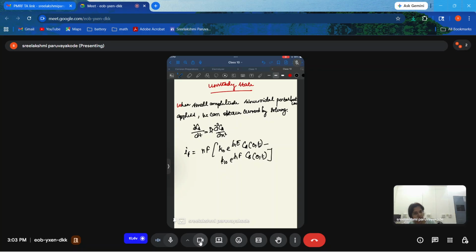Now we'll also have to use the expression for the rate constant, which is given by Ki equal to Ki,dc over 1 plus Bi e^(ac).